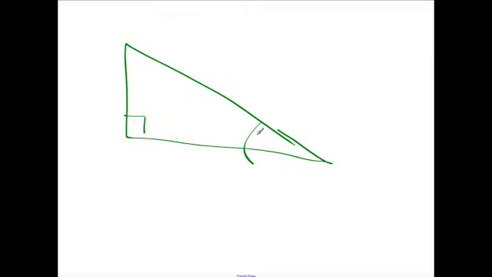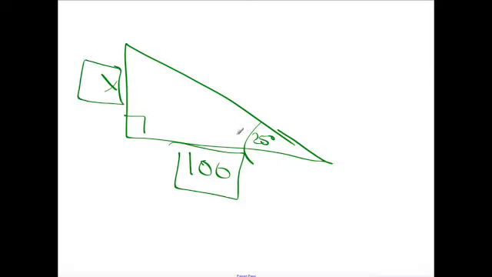But if we have an angle that we're looking for, so say I have, say, I don't know, 25 degrees, right? And I'm given, say, 100, right? And I'm looking for this, you would have to think about what parts of the triangle these are in relation to this angle. In this case, that would be the opposite side to the adjacent side.